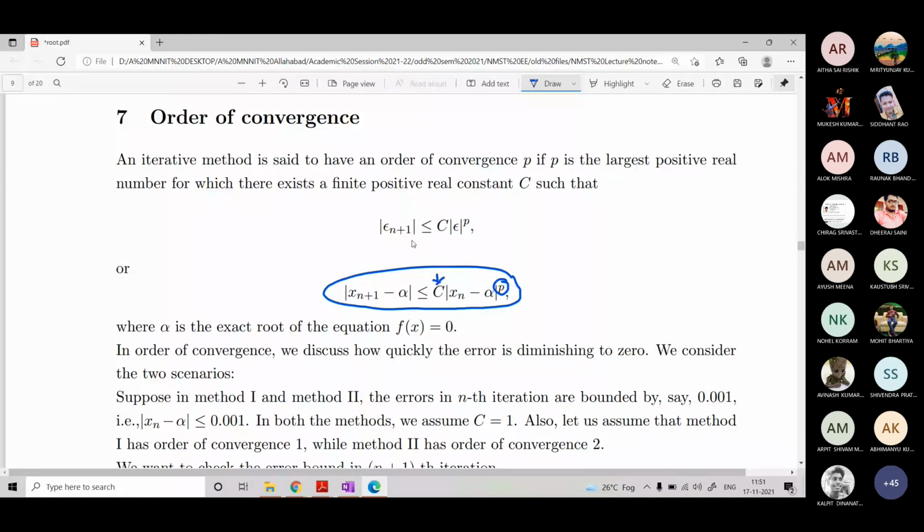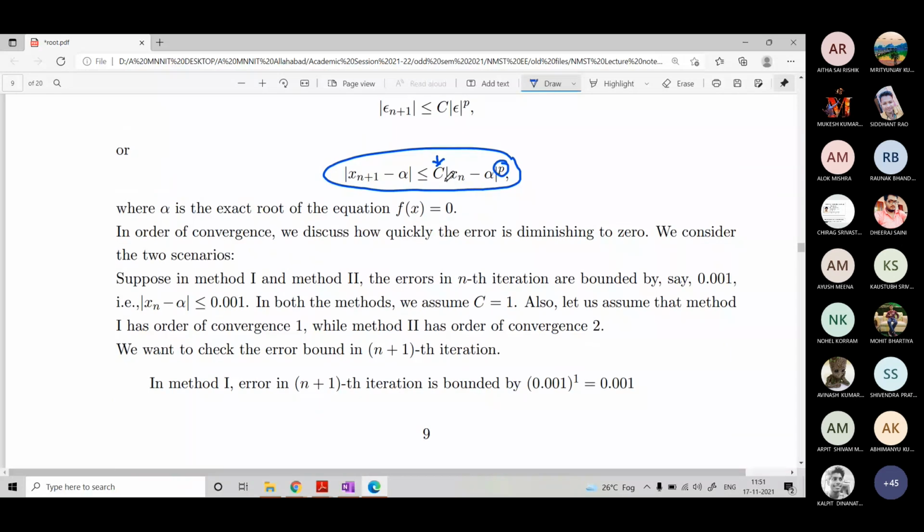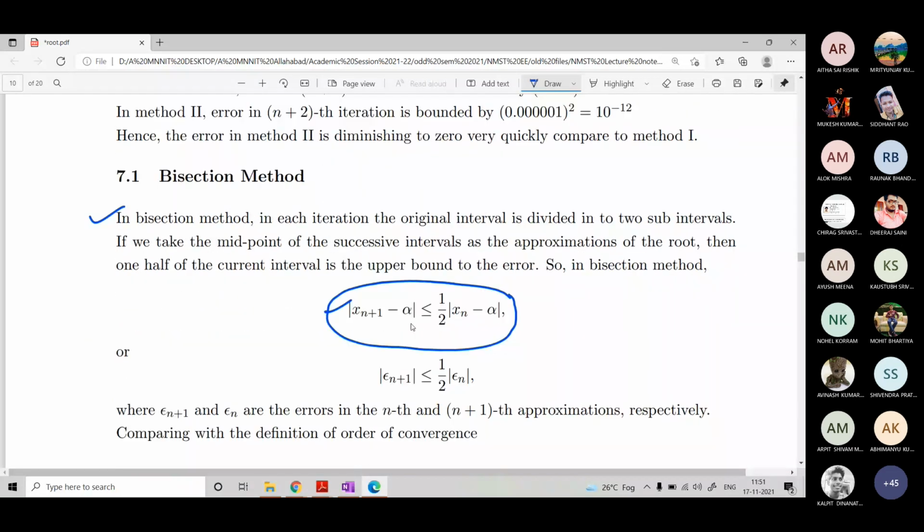So if you compare this expression with that expression, what is the value of c? 1 by 2. What is the value of p? 1. So from that definition, you see the bisection method has order of convergence 1. Is it clear to you?